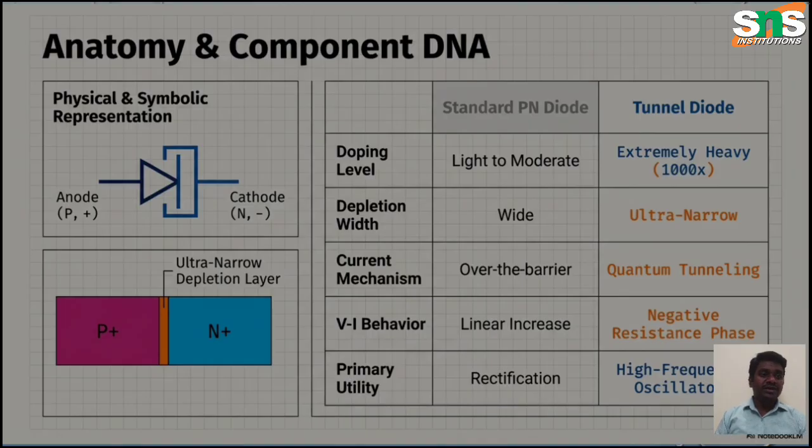The depletion width is wide in the p-n junction, but ultra narrow in the tunnel diode. The current mechanism is over the barrier for the p-n junction, and quantum tunneling for the tunnel diode. The VI characteristics are a linear increase for the p-n junction, and a negative resistance phase for the tunnel diode. The primary utility of the p-n junction is rectification, while the tunnel diode is utilized in high frequency oscillators.